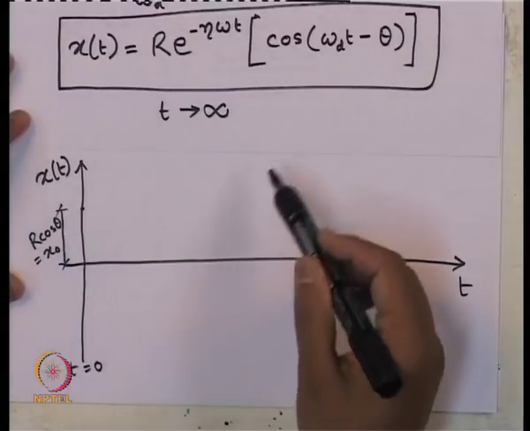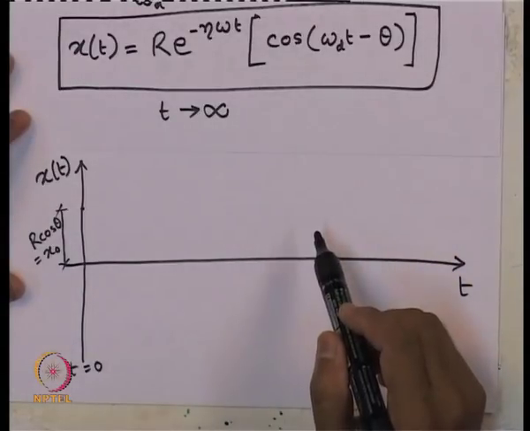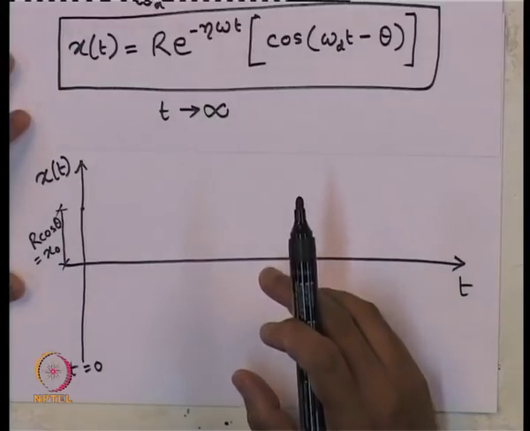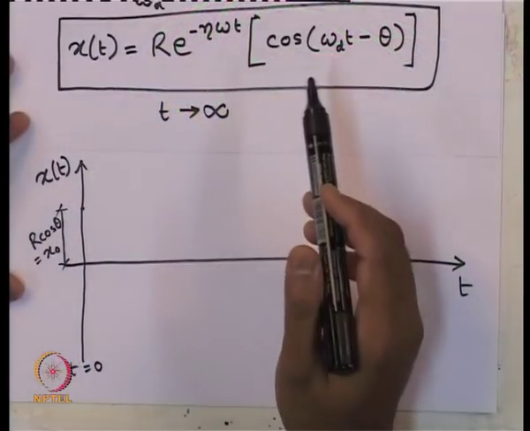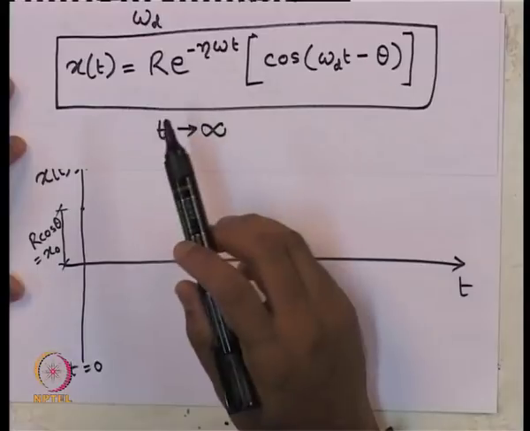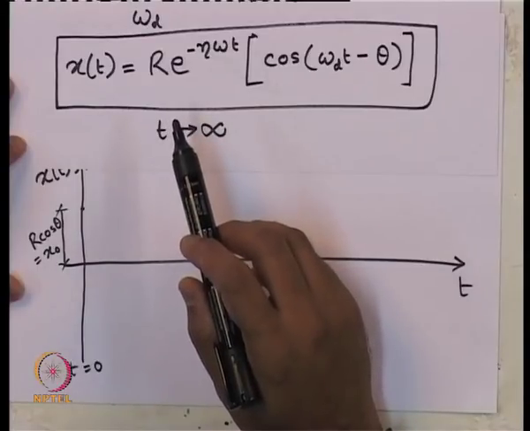It will be a harmonic variation, but the amplitude will not remain the same; it will keep on decreasing because of the presence of the exponential decay function. So the combined effect gives us a harmonic function with an exponential decay of the amplitude.